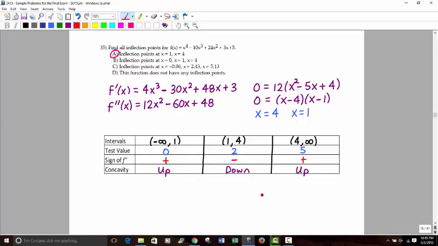An inflection point occurs anywhere that's not a discontinuity but where the second derivative equals 0 or is undefined, like the critical numbers. And you must change concavity at that point, so up to down or down to up both constitute inflection points. So 1 and 4 are the two x values that represent the inflection points.